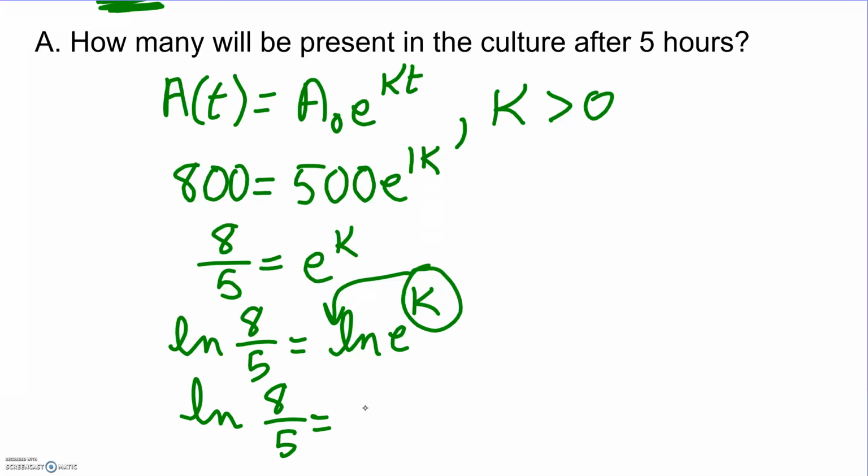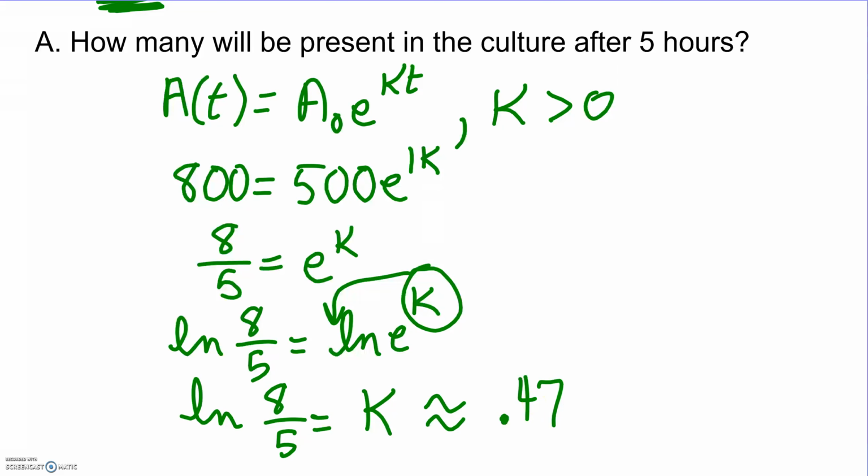Same process really on every one of these problems. And then actually, if you remember, the natural log of e is equal to 1. If you don't remember that, don't worry about it. We'll get to it again later in the chapter. You could even just type that in your calculator and confirm. Definitely natural log of e is 1. All right, so k is the natural log of 8/5.